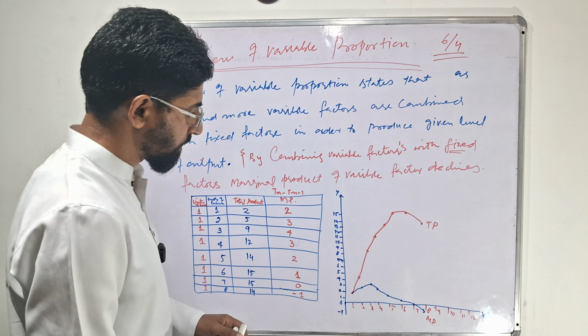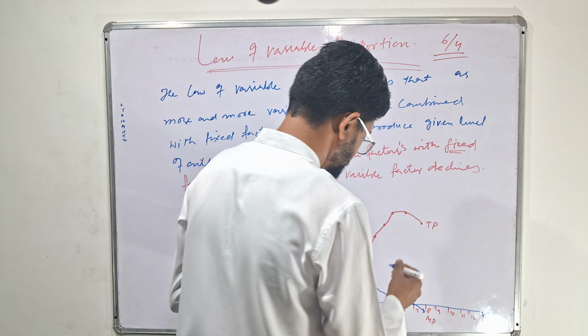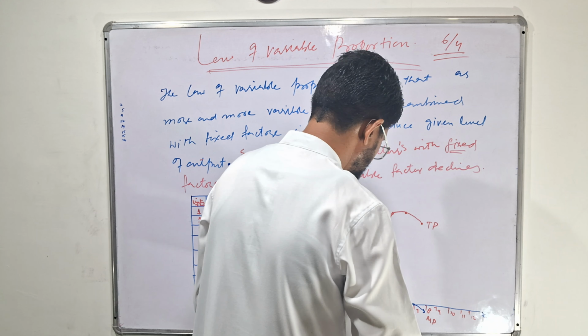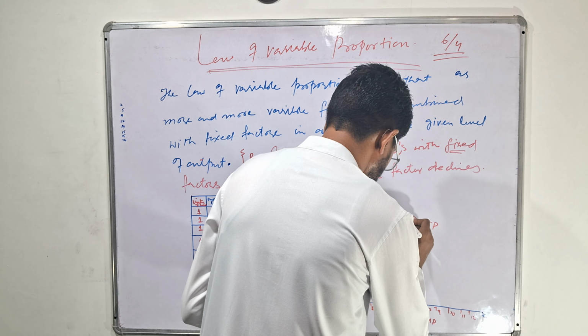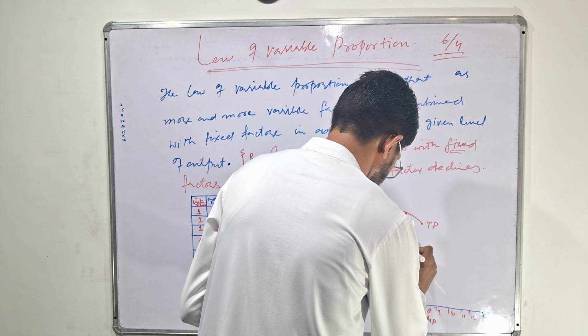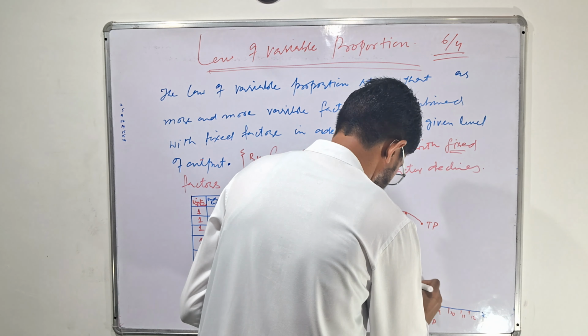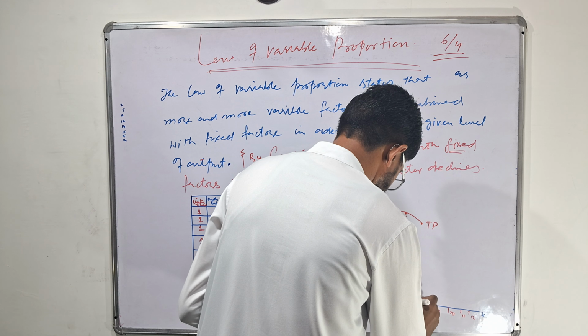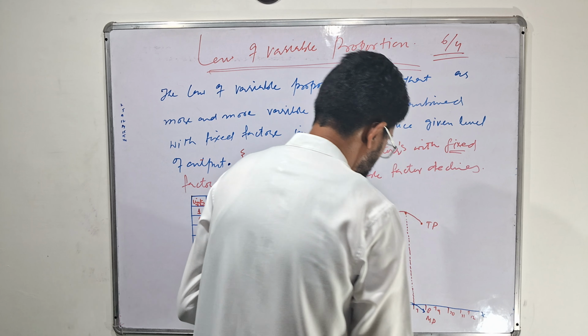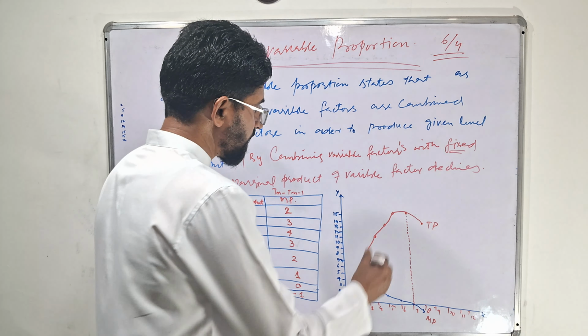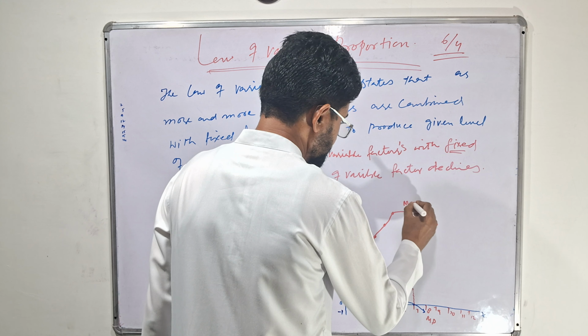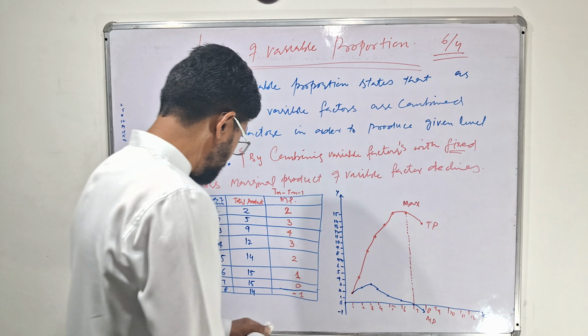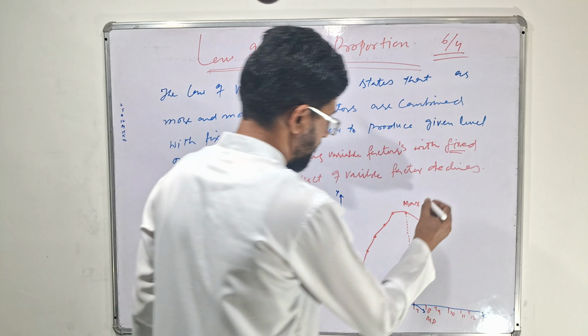What does this show us? It shows us why here total product is maximum. I will write 3 points here.